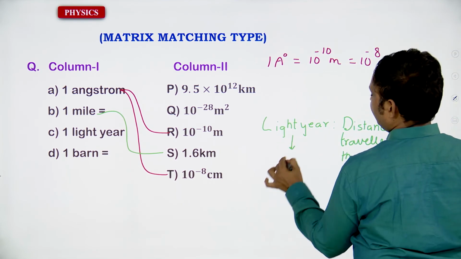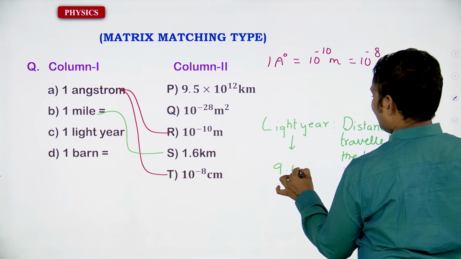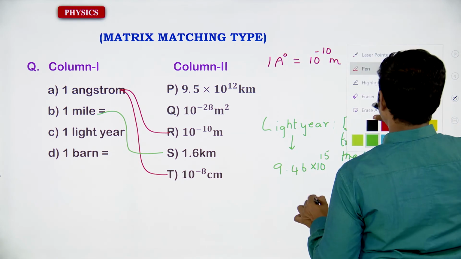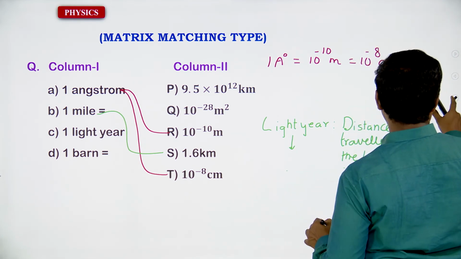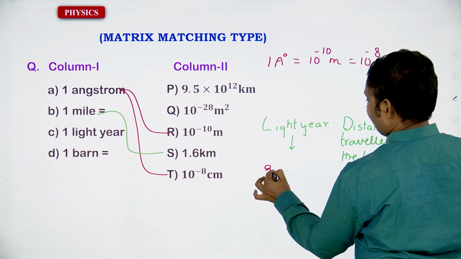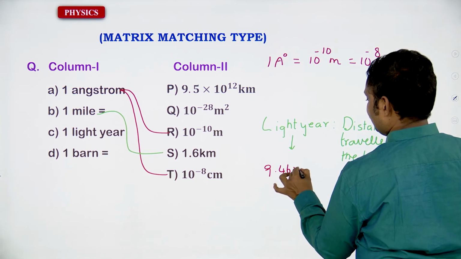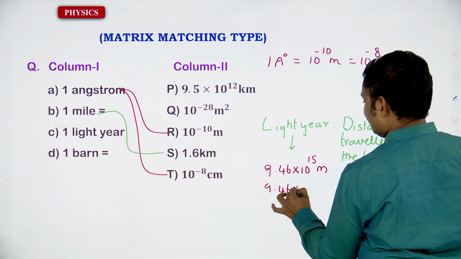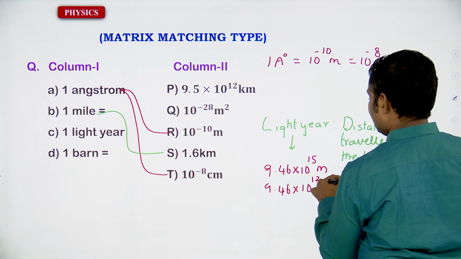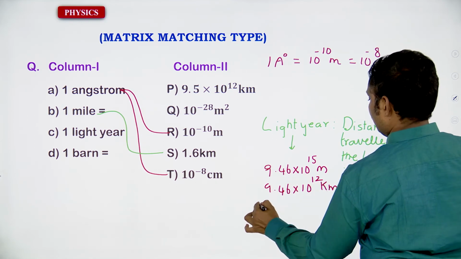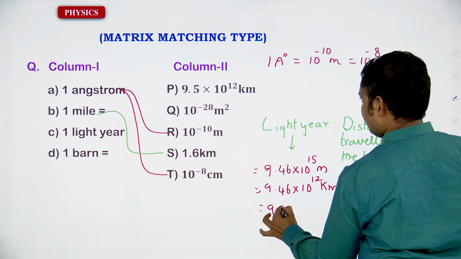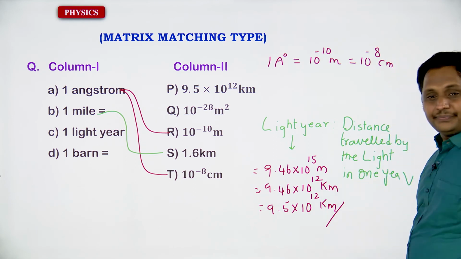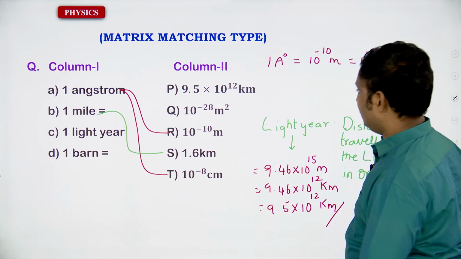It's going to be 9.46 into 10 to the power of 15 meter. That is 9.46 into 10 to the power of 12 kilometer. So you can estimate that 9.5 into 10 to the power of 12 kilometer. It's very clear. All right, you would like to get this relation.